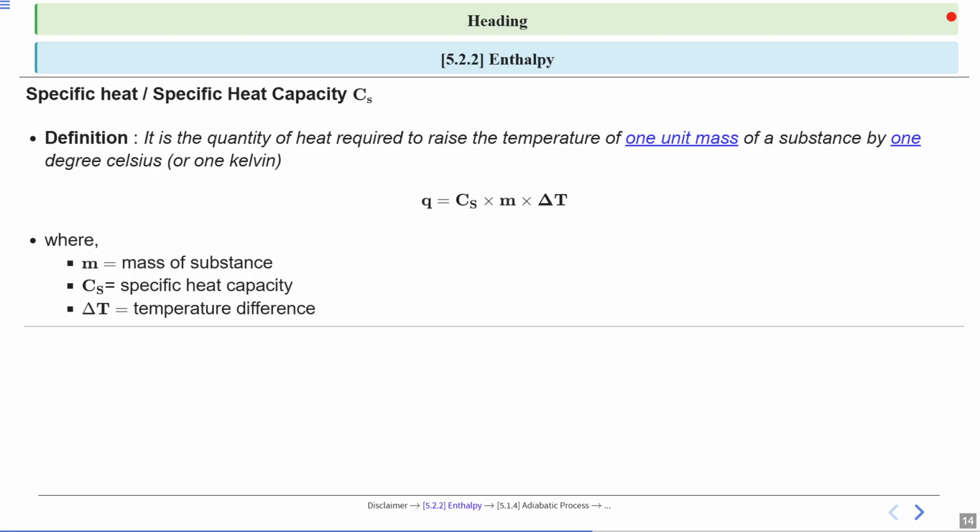How can we say that it is the same? From Q equals C delta T, Cs will be equal to C by m. You can just rearrange this equation and get the same thing, only here the mass is replacing the number of moles. So in this case you are calculating it for 1 unit mass, and in the earlier case you were calculating it for 1 mole of substance.